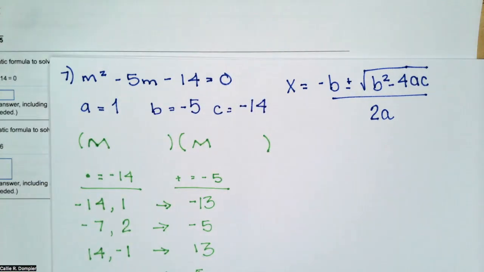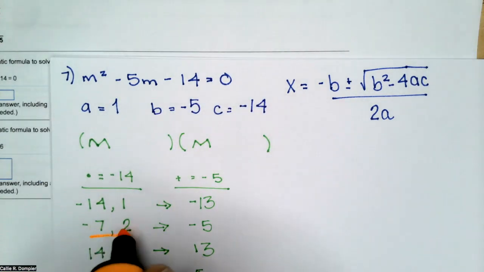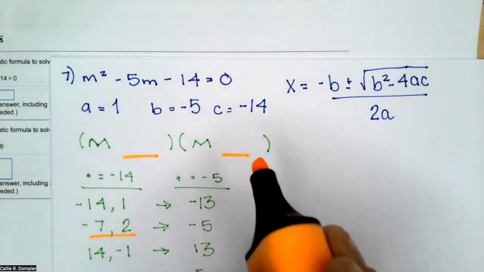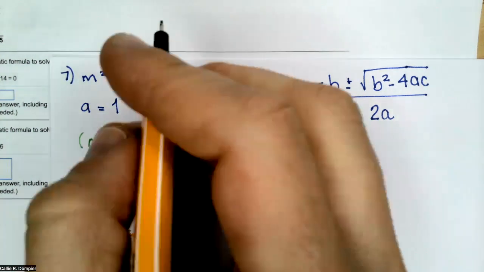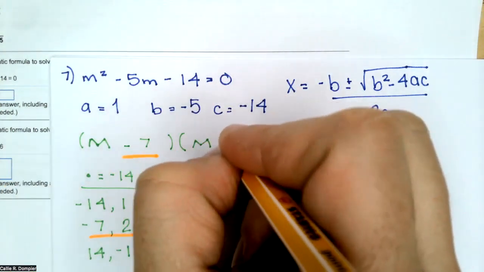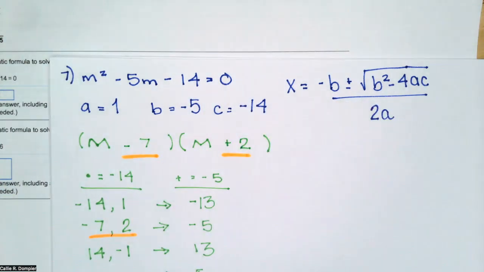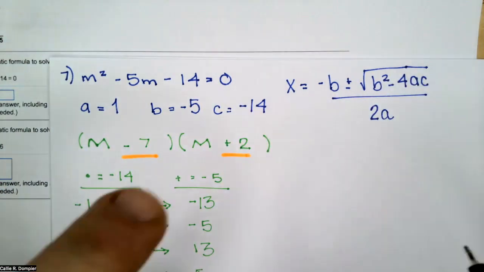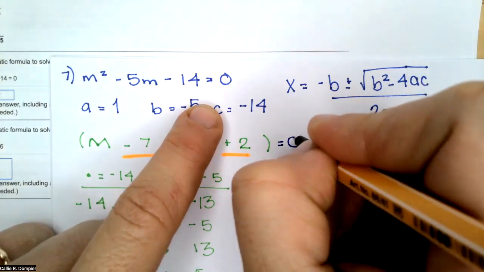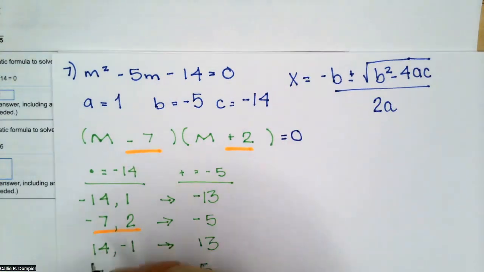So that goes here. m minus 7, m plus 2 equals 0. You're not done. Now you have to say m minus 7 is 0 and m plus 2 is 0.